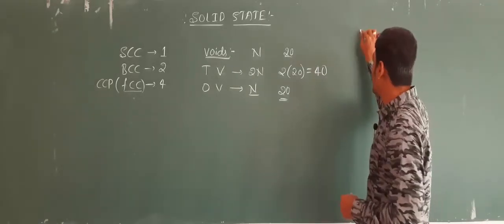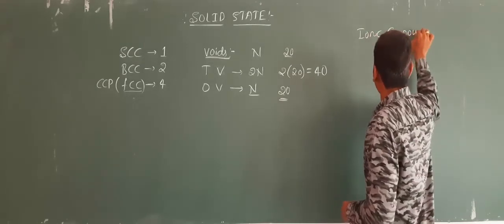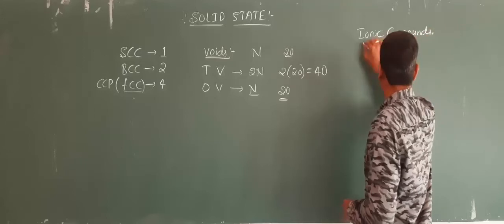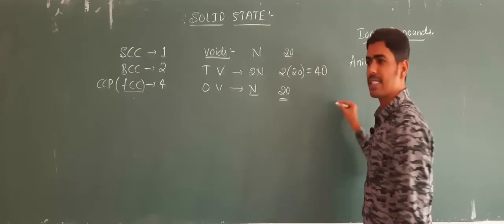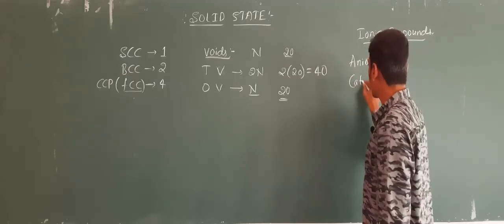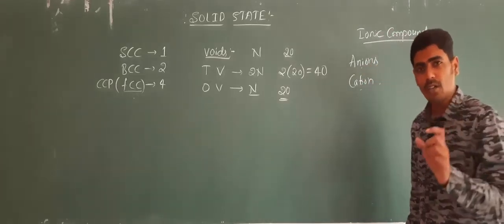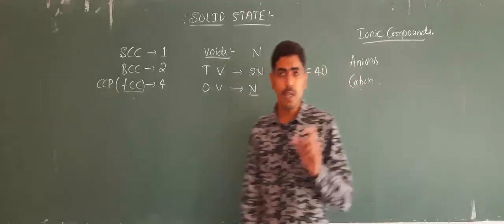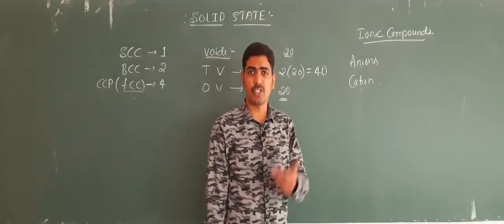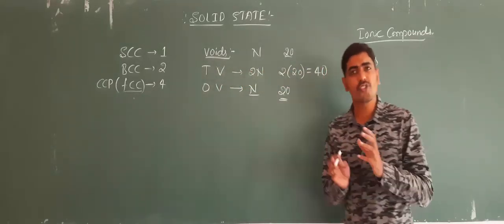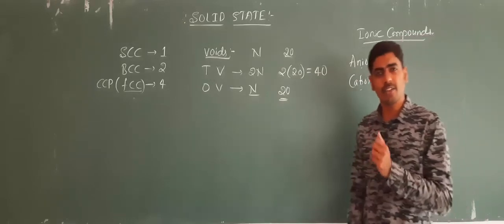We will mainly focus on ionic compounds only. In ionic compounds there are two ions, one anion and one cation. The ion having smaller size will occupy the voids, and the ion having larger size will form the structure of the crystal lattice, that means it will be present at the corners.